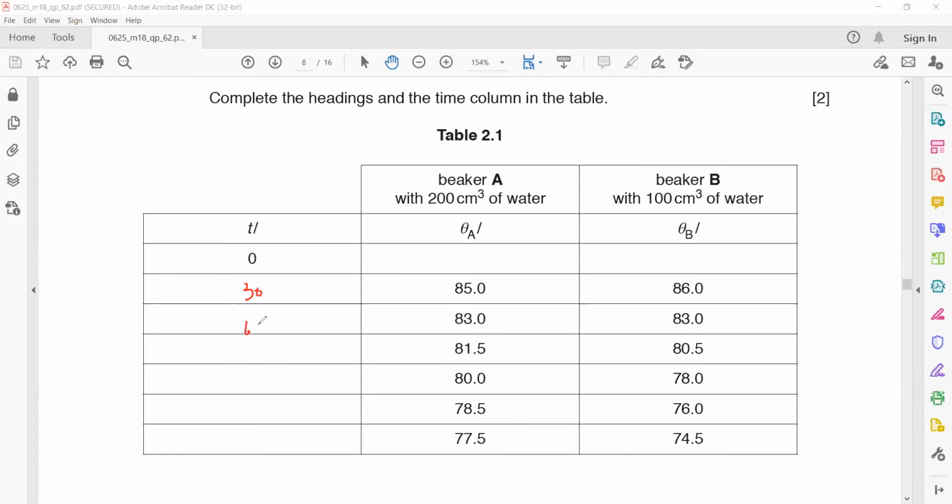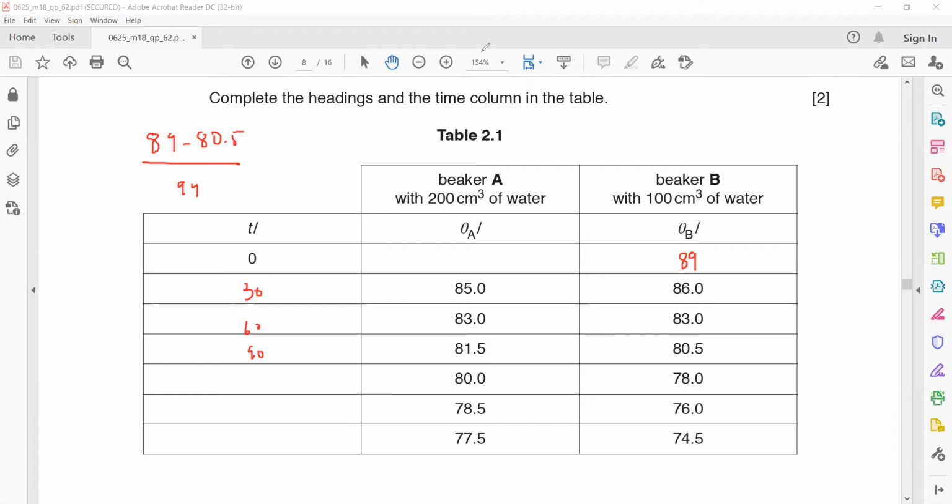This is 30, 60 and 90. So at the beginning of the experiment, it was 89. At 90 seconds, it was 80.5, divided by time interval 90.